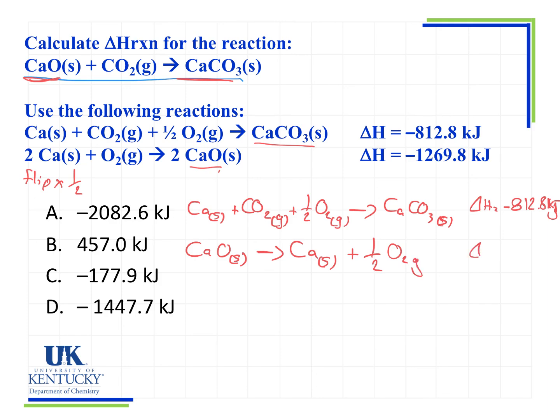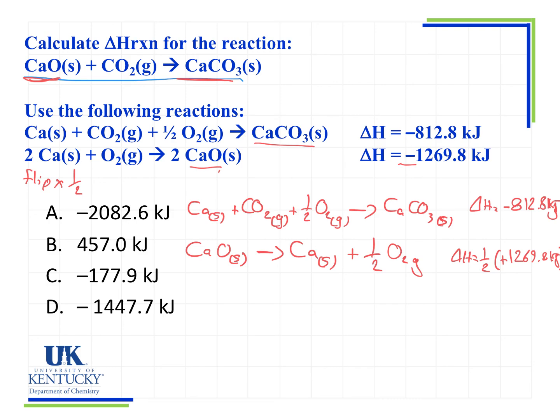Okay, and the delta H is, let me write the delta H, not there because we don't have enough space. So the delta H is 1/2 times, we change the sign because we flip it, so it's negative, and we have to make it positive. Positive 1269.8 kilojoules.